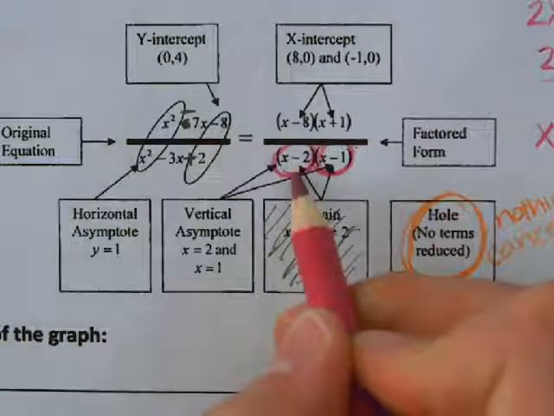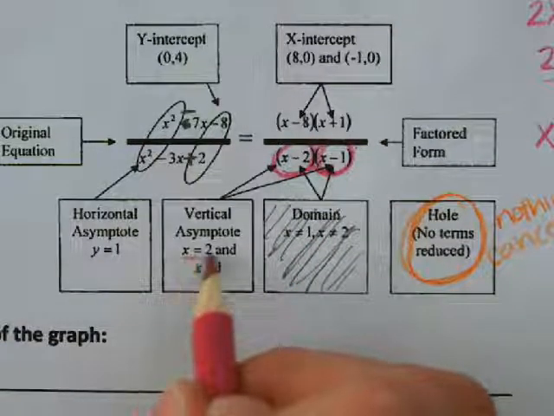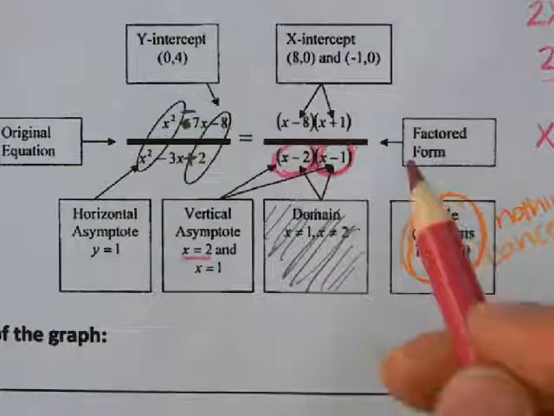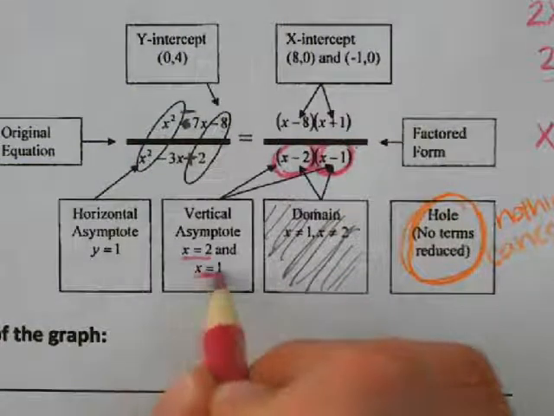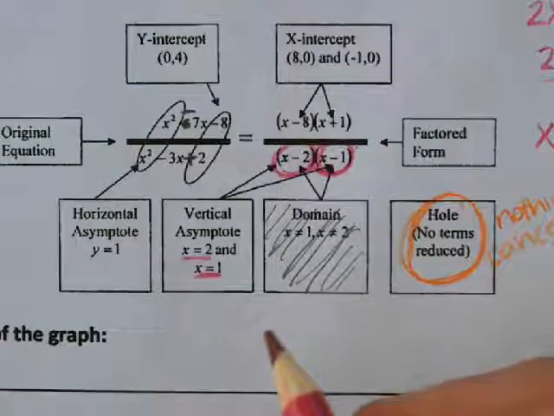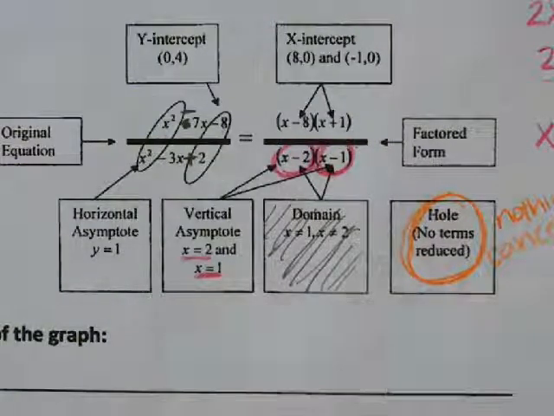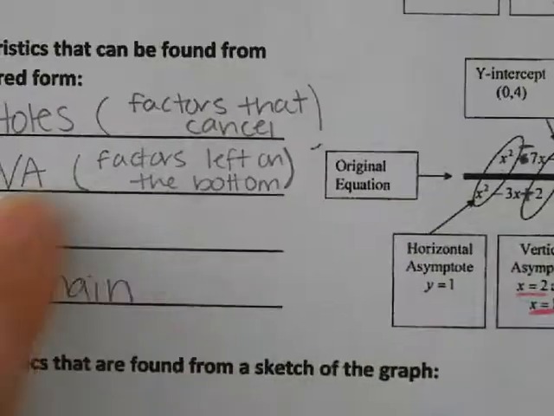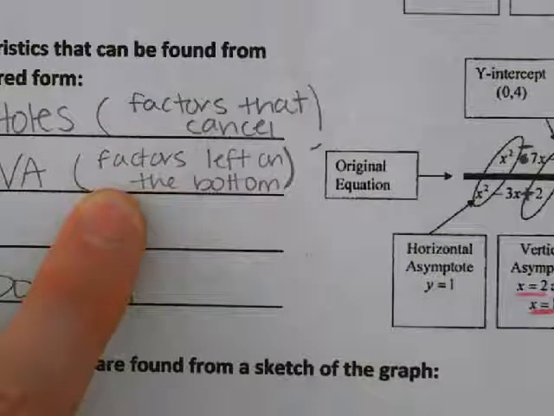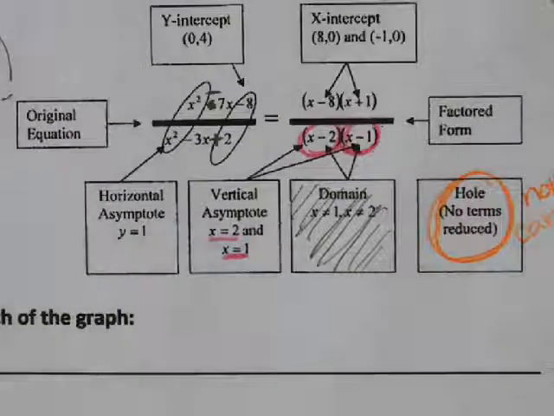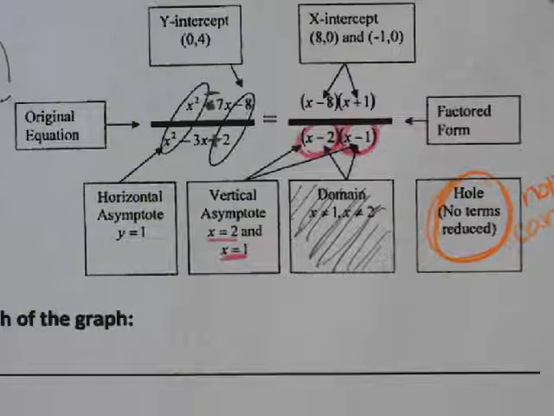One of the vertical asymptotes is x equals 2, and the other vertical asymptote is x equals 1. The reason that we knew that those were vertical asymptotes is because vertical asymptotes are factors that are left over on the bottom. And in this case, nothing canceled, and so every factor was a factor on the bottom that was left over, because nothing canceled.